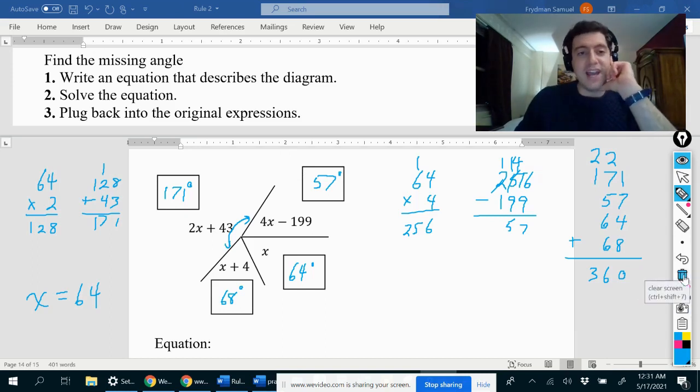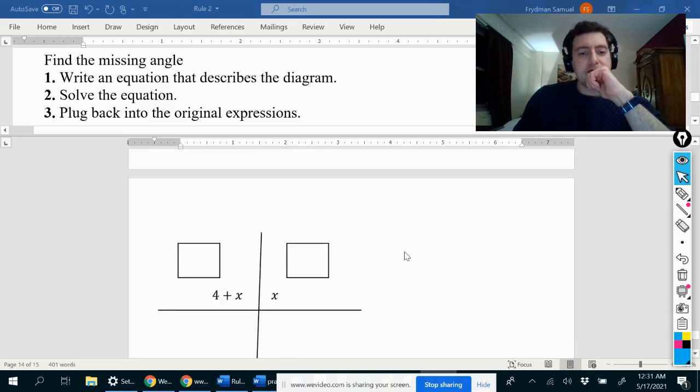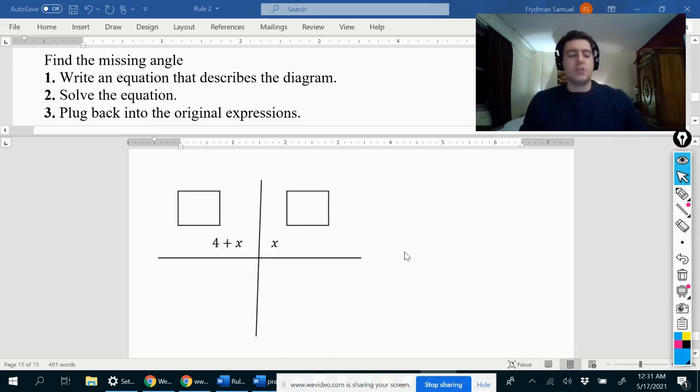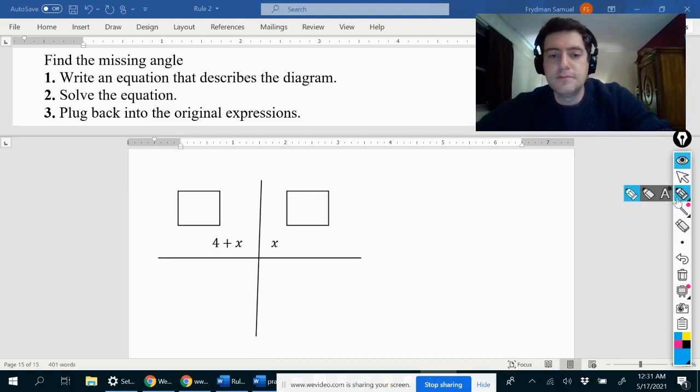Now we're up to the last problem. Okay, so over here, what is the equation that describes this diagram?